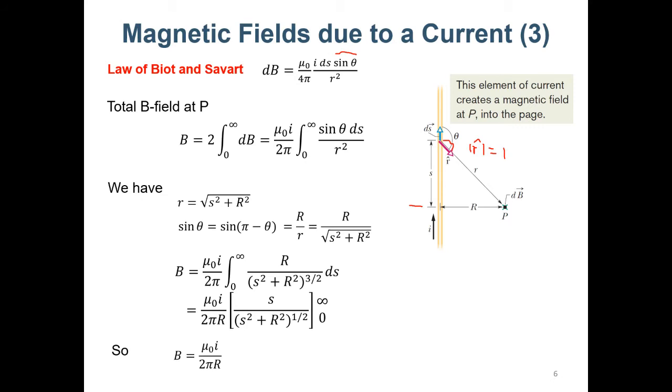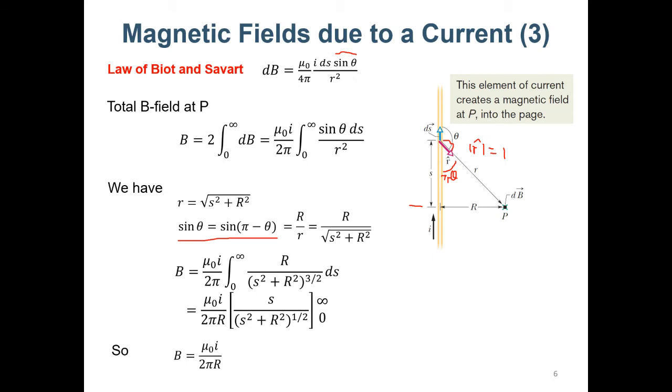So we have r like this, and then sine theta is this one. As you know, this is pi minus theta, and I suppose you still remember this relationship. So sine of pi minus theta is capital R over small r.